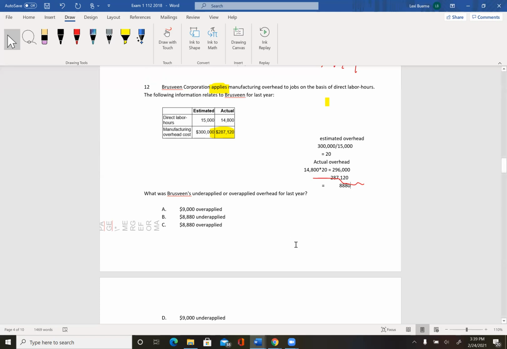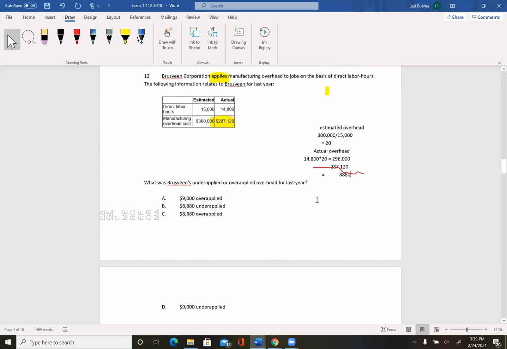And then it's just asking if it was overapplied or underapplied. So since the actual of 296, what we calculated, was over what was applied, it's going to be overapplied. So the answer is going to be C.